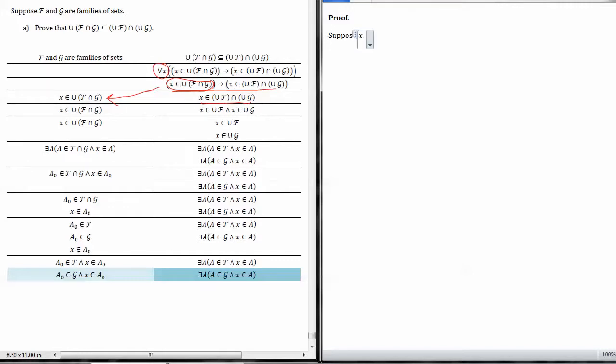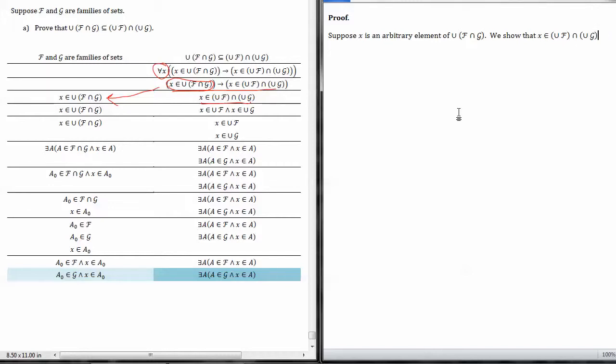Suppose x is not just arbitrary, but an arbitrary element of the union of f intersect g. And we're going to show that x is in the union of f intersect the union of g.